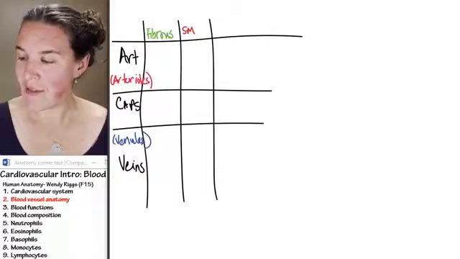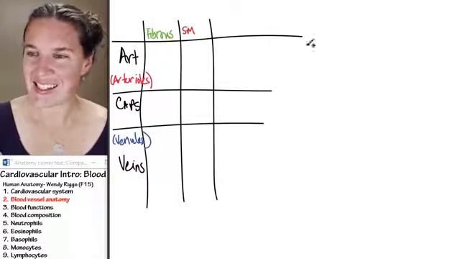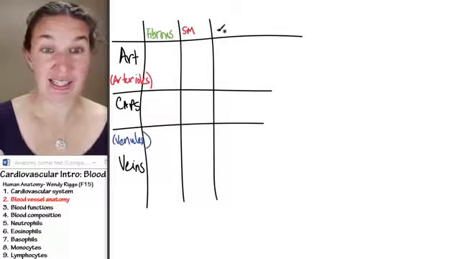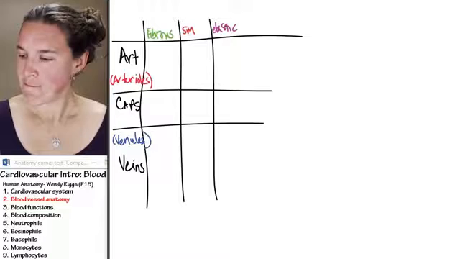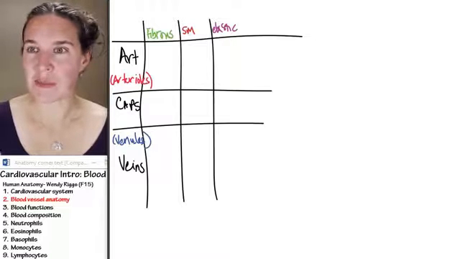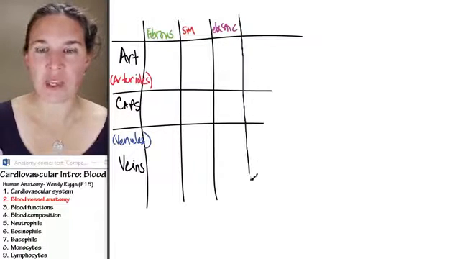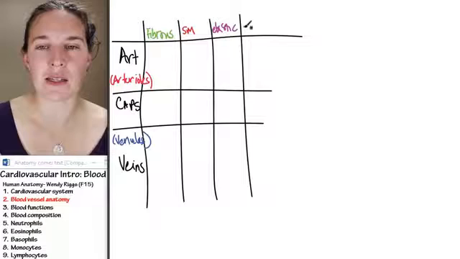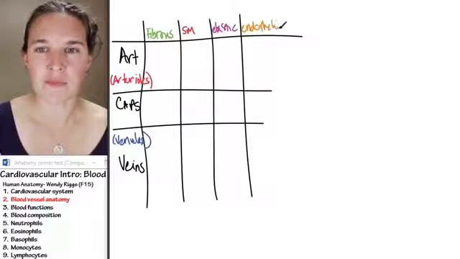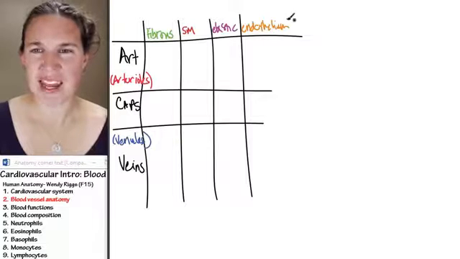And then we have elastic, like elastic layer, elastic components. And then we have a substance called endothelium. And endothelium, hopefully you're like, I can know some stuff just by the name.